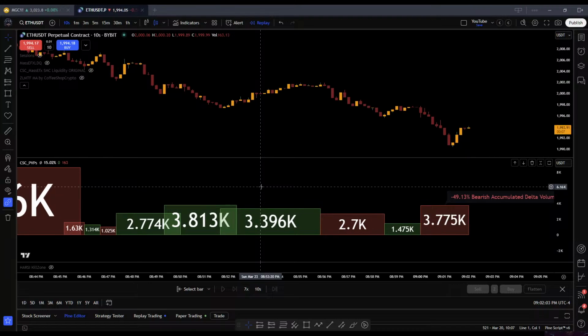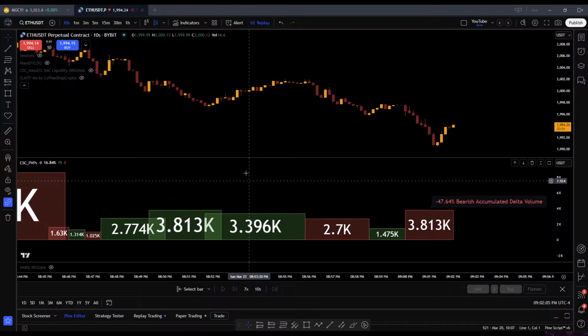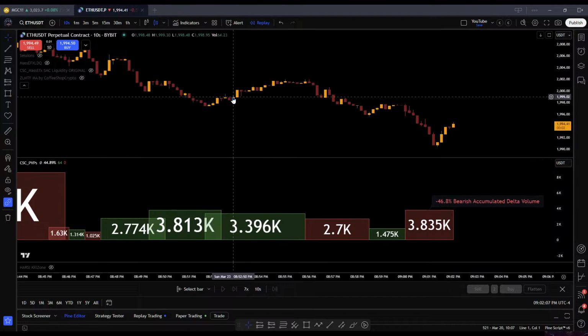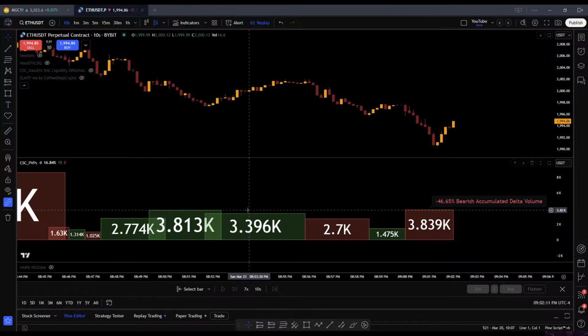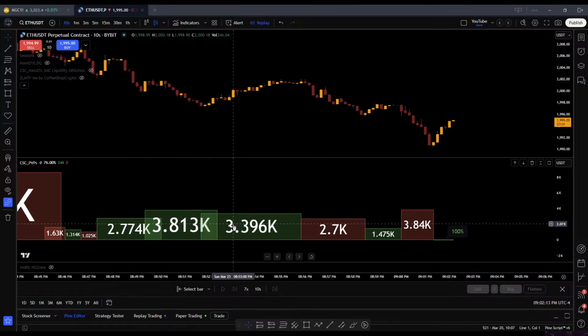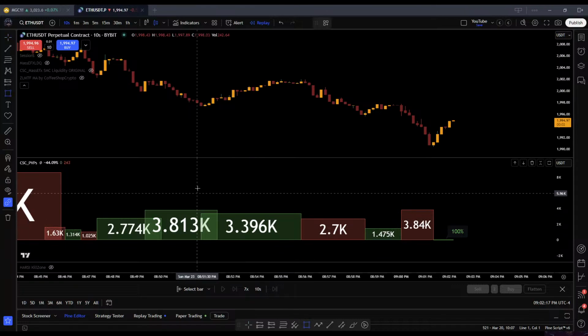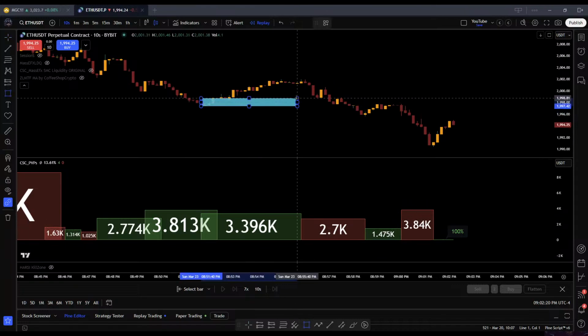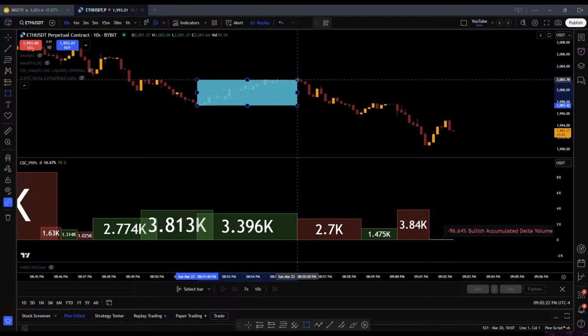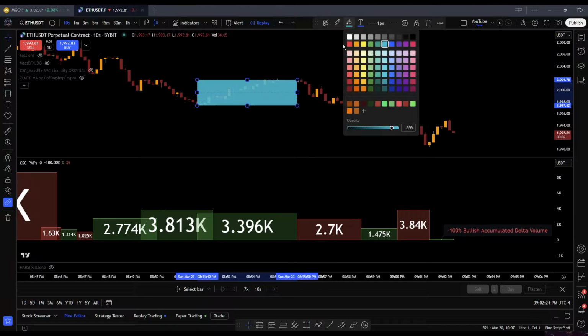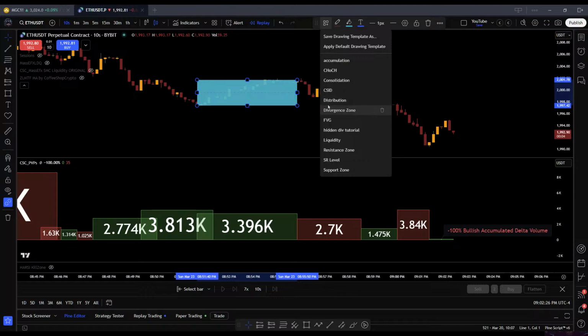That's why I want to have specific delta showing up at certain intervals over here. Eventually, I'm going to make a version of this that will give you an actual volume profile.